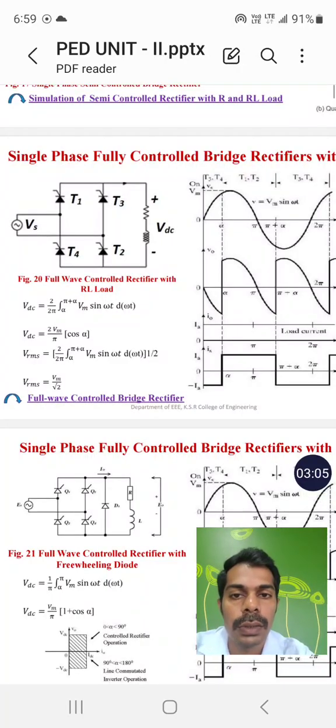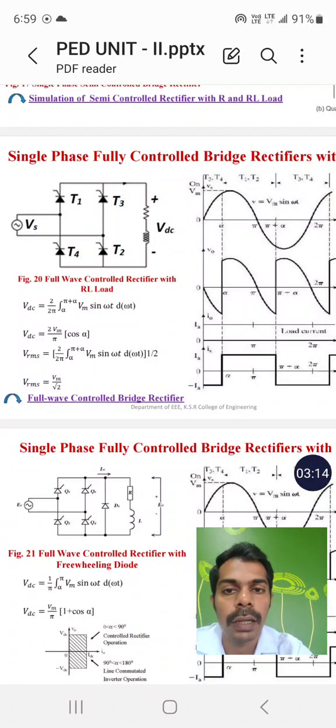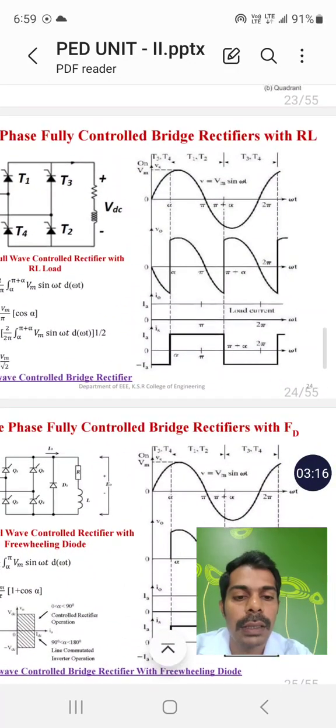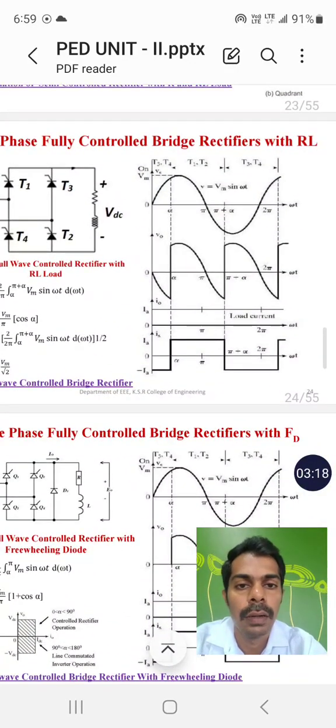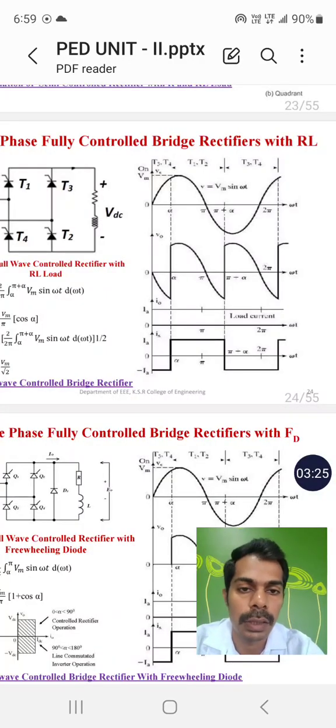The circuit closes like this: positive from Vs through T3, RL and T4 to the negative supply of Vs. At this point the output conducts from T3 in the positive region, so that while the input supply is negative, we are getting output in positive. So like this, from pi plus alpha it will conduct up to 2 pi.